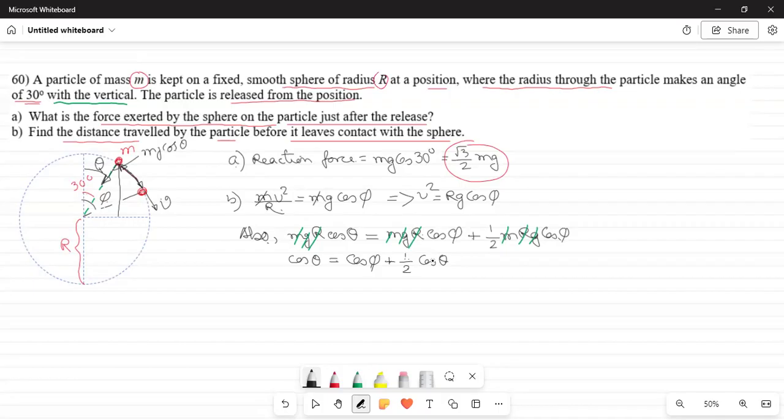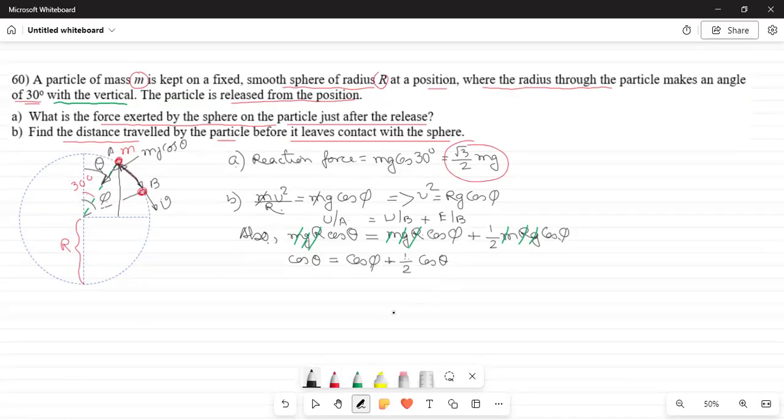So in the energy equation, mgr cos theta is the potential energy at, let's give it a name, A, and this is B. Potential energy at A is equal to mgr cos phi, the potential energy at B, plus half mv square, the kinetic energy at B. From here we get mgr cos theta is equal to mgr cos phi plus half mgr cos phi.